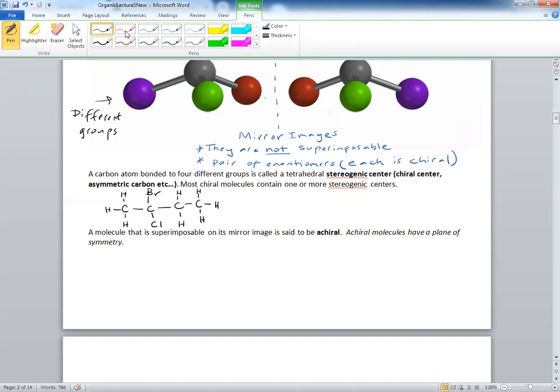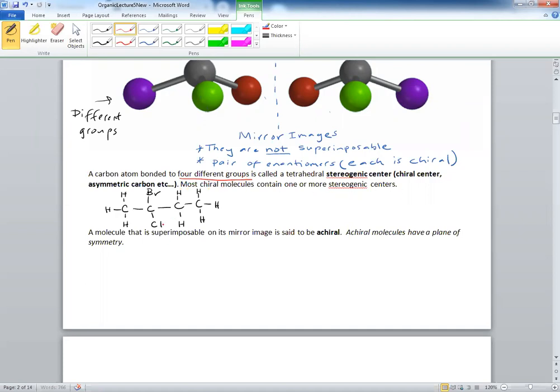Now, take a look very closely. Look at a carbon that is bonded to 4 different groups. It's called a tetrahedral stereogenic center, or a chiral center, an asymmetric carbon. This is the first criterion for having a chiral molecule. Most chiral molecules contain 1 or more stereogenic centers.